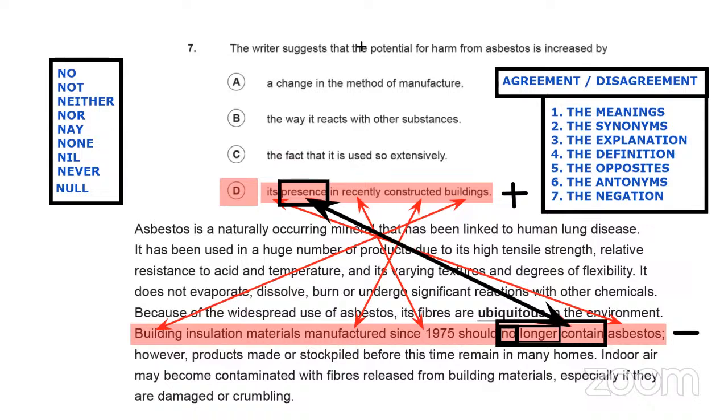Many people say like this: Sir, I am very clear about something, but I have a doubt. B or D, I have confusion. A is not the answer, C is not the answer, I know, but B or D. In this situation, what you can do is the elimination technique.